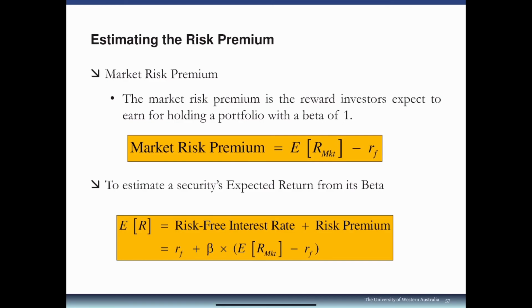So in this case, we can estimate a security's expected return from its beta. I need to at least earn the risk-free interest rate, because the risk-free rate is a return that you generate from no risk.